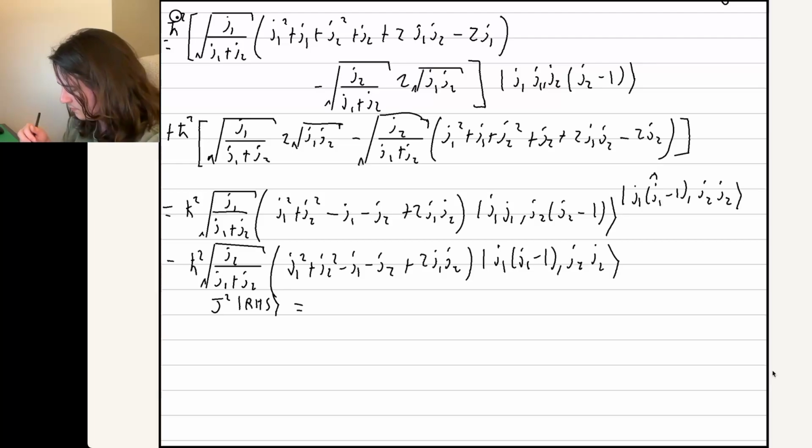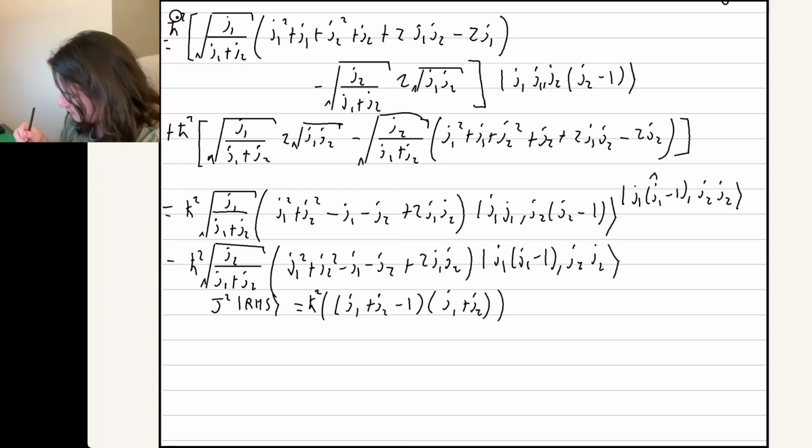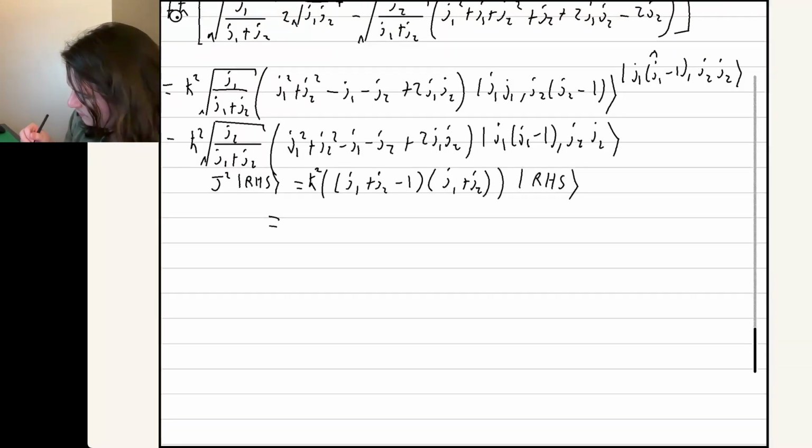Then the funky coefficients simplify to h bar squared. The silly factors here simplify to J1 plus J2 minus 1 times J1 plus J2. And all of that is acting on the right-hand side now. So we have h bar squared.